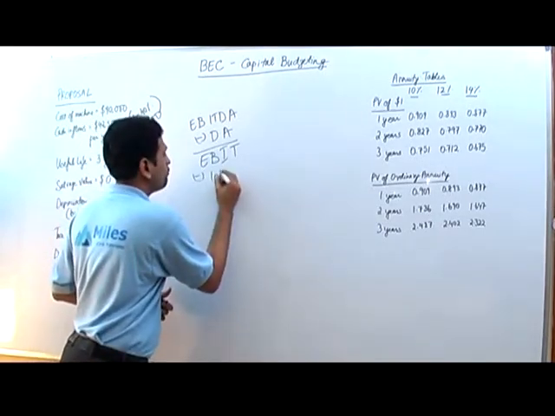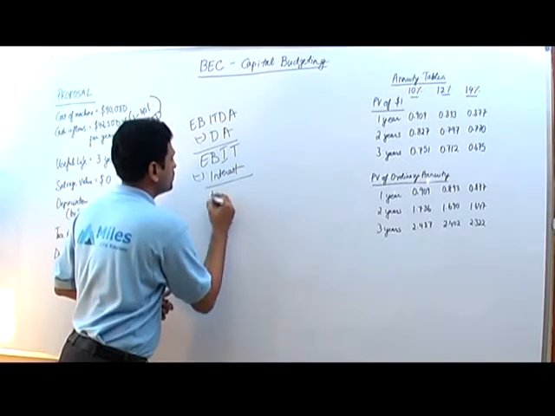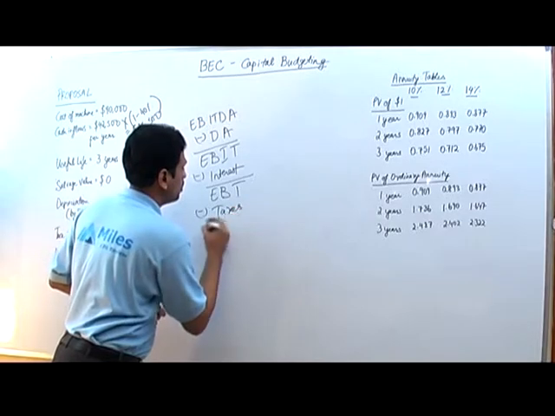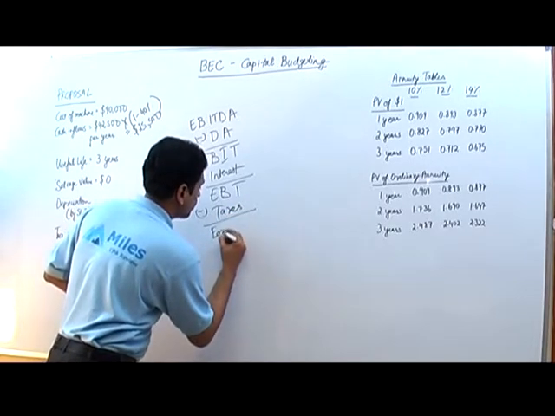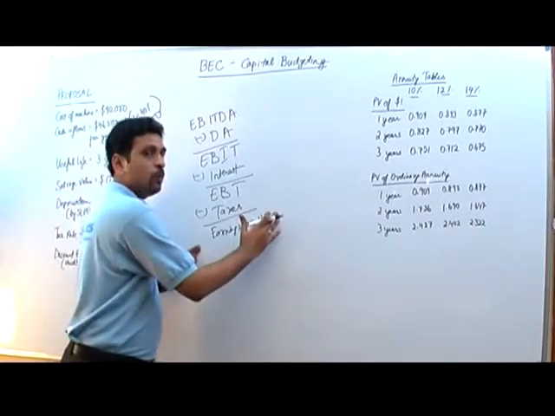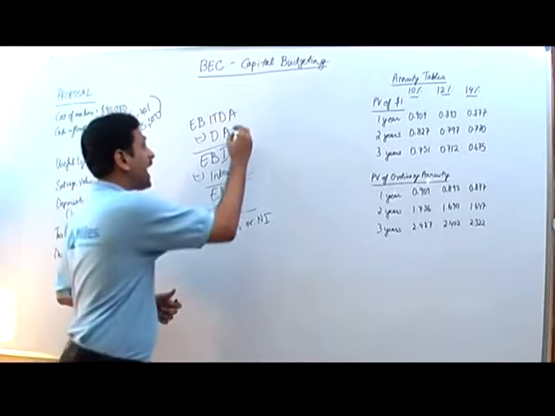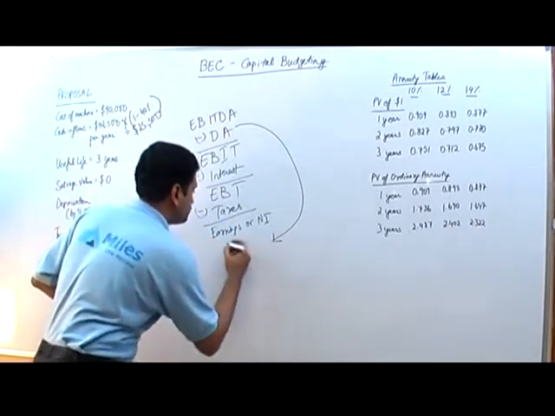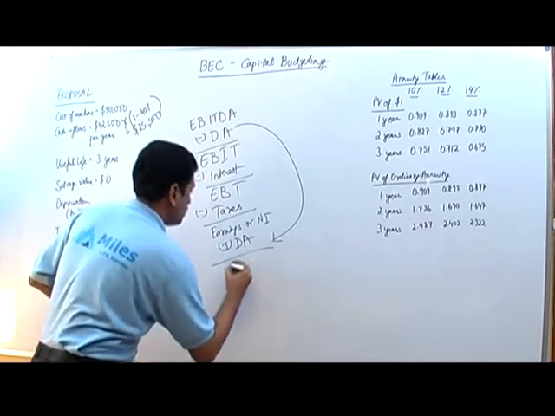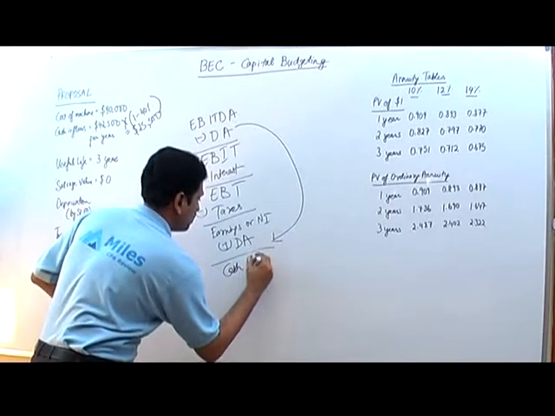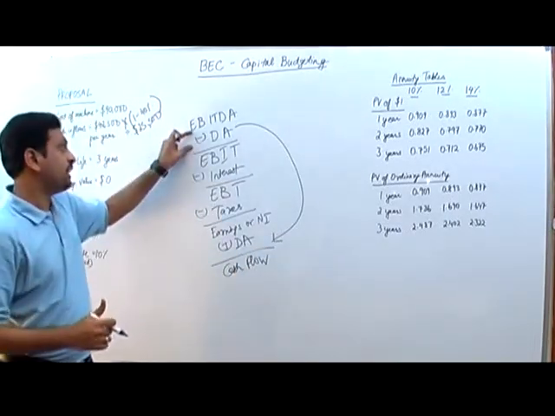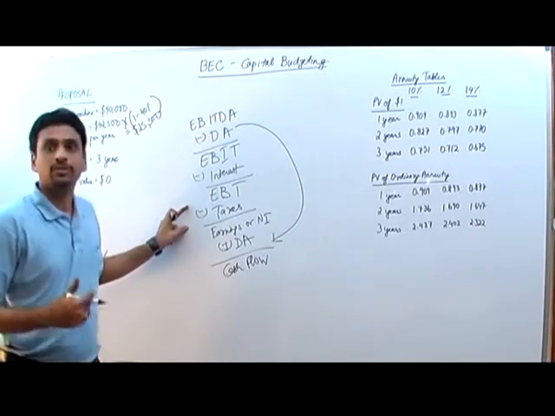The interest goes off to give us earnings before taxes, less taxes to give us our net income. For accounting purposes, we stop here. But for cash flows, we add back this depreciation and amortization. But if you look at it very closely, this depreciation and amortization helps us to save on taxes.